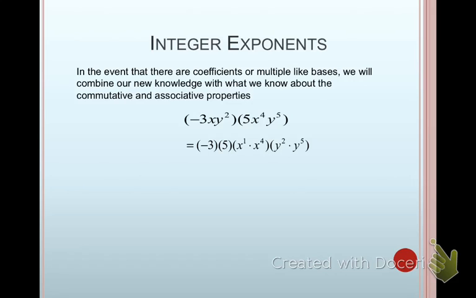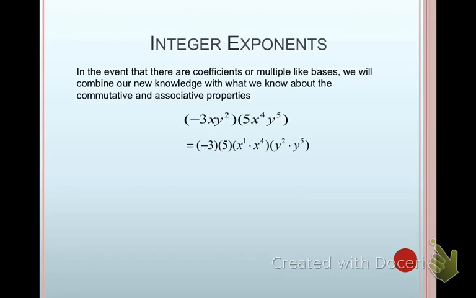Now, in the event that we have coefficients or different bases, different variables in the bottom, we're going to use our knowledge of the associative and commutative properties to rearrange the terms. So if we have something like negative 3 x y squared times 5 x to the 4th y to the 5th, we can rewrite this as negative 3 times 5, x times x to the 4th, and y squared times y to the 5th.